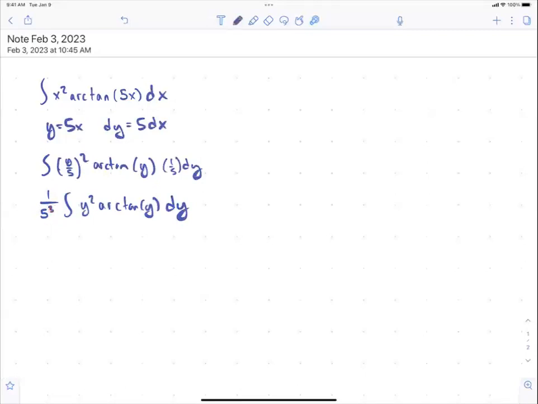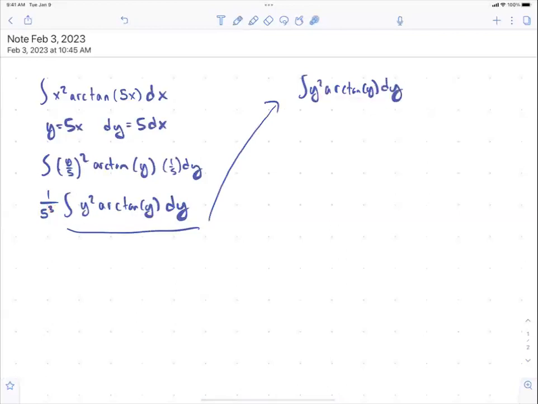Okay, so now I'm going to take this integral. Let me try and do that. So this integral of y squared arctangent y dy. Now you see, I just literally took this and rewrote it up here. This is something that can be really helpful when you're working on these long problems: when you start some sub part of the computation, just rewrite it from the beginning.